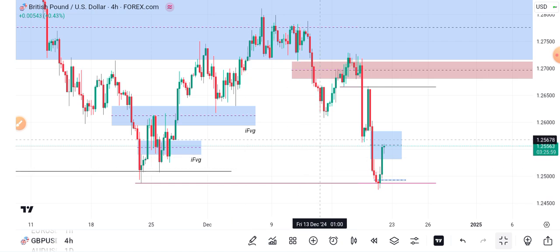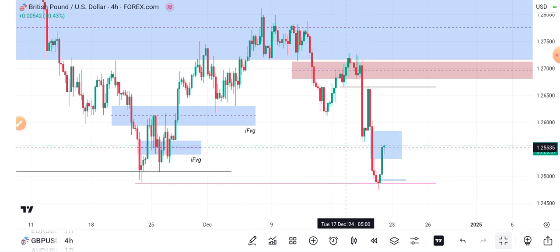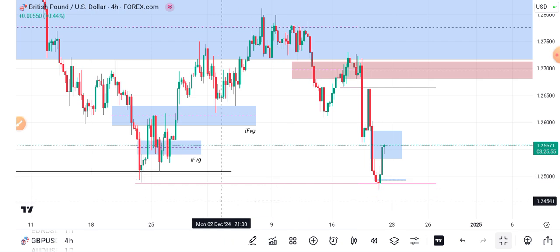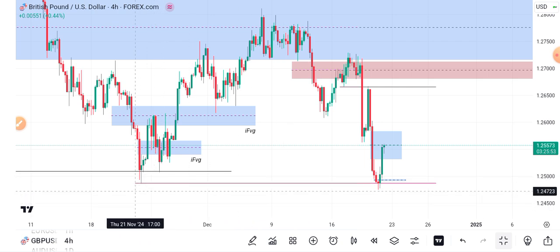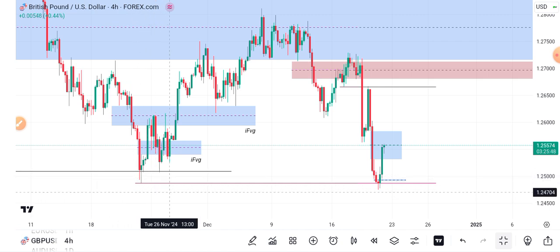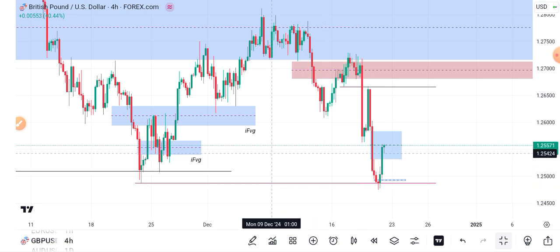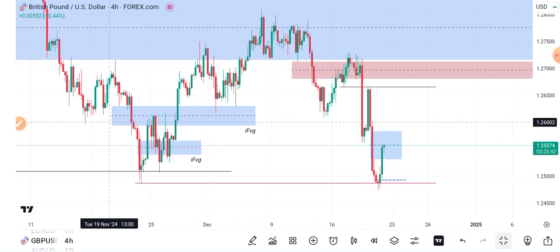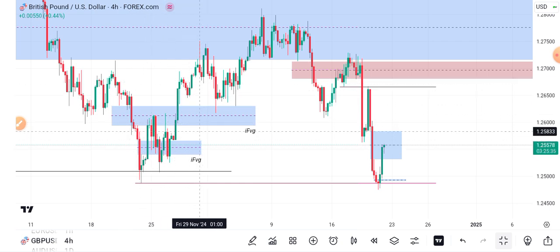Now, one of the ways by which you can begin to anticipate retracement is by the use of old lows. When price enters old lows, one of the things they want to do is retrace. Now, this is not every time, but it is reasonable to expect it when there is an impulsive move downward.